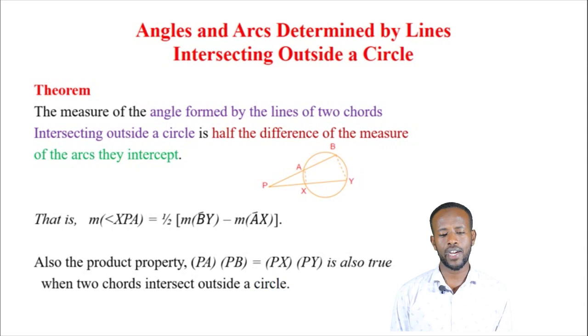If we want to find the measure of this angle outside the circle, we can get it by half of the difference of the two intercepted arcs. As we can see here, the measure of XBA, the angle outside, is equal to half of arc BY minus half of arc AX.